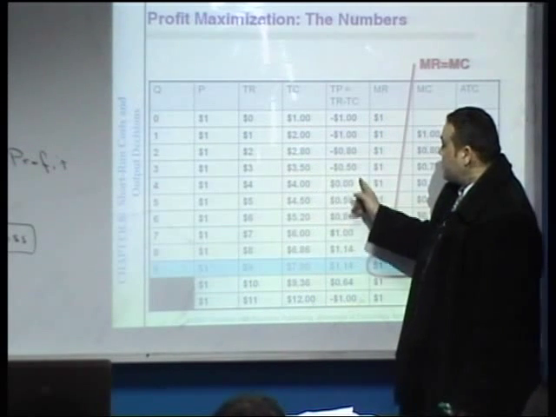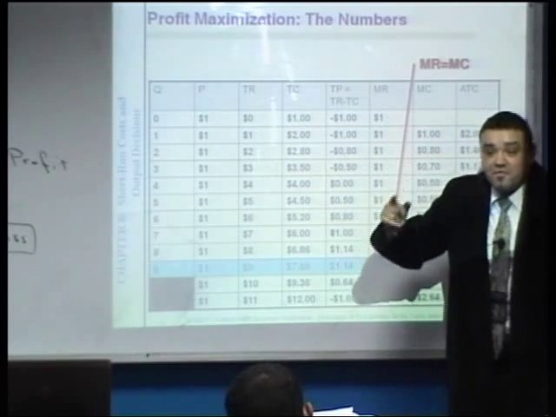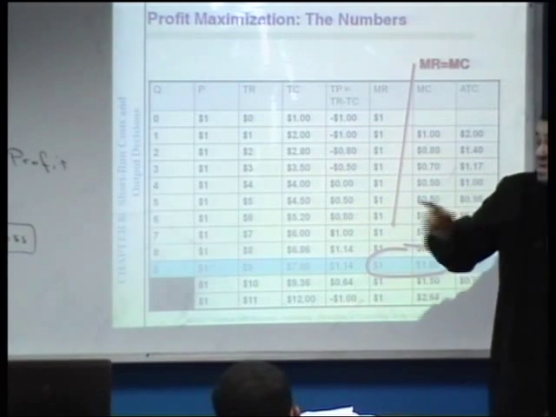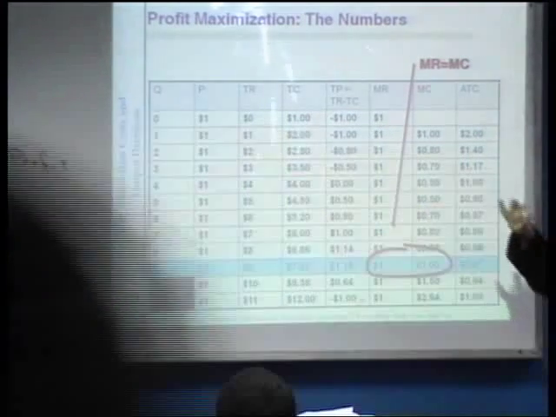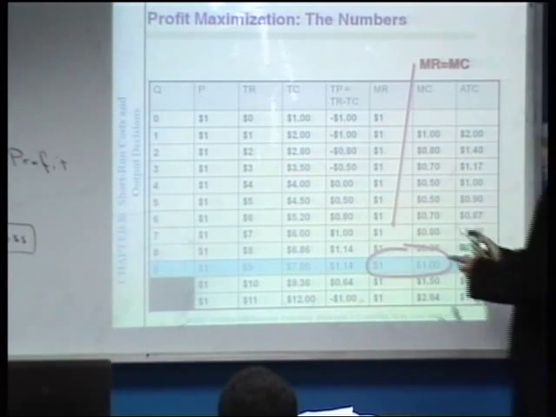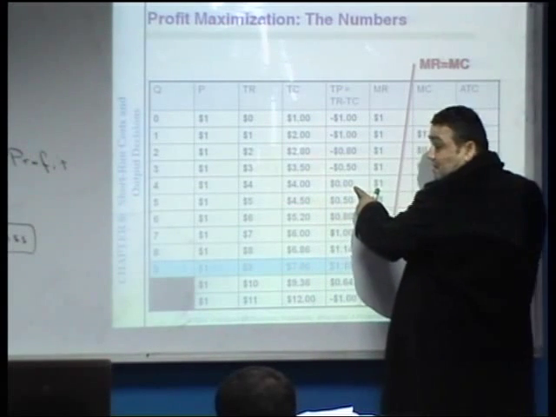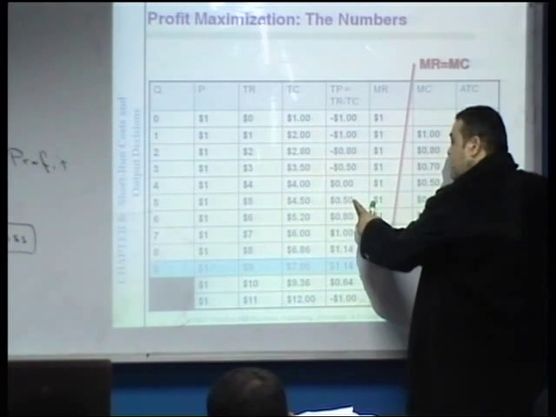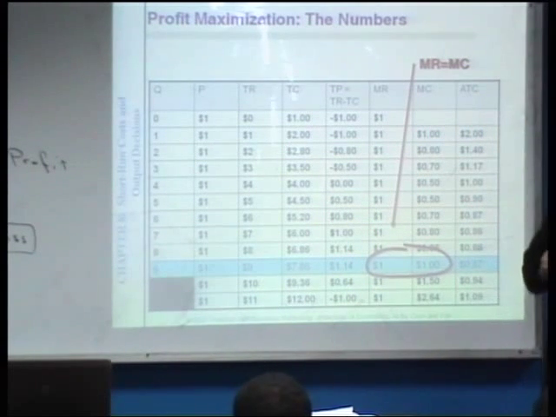And here there is equilibrium, so a break even, because the total revenue equals the total cost. There is no profit, no loss. So in this case, there is a break even. Then the company starts to earn profits.